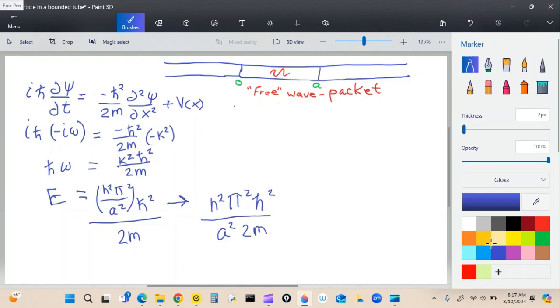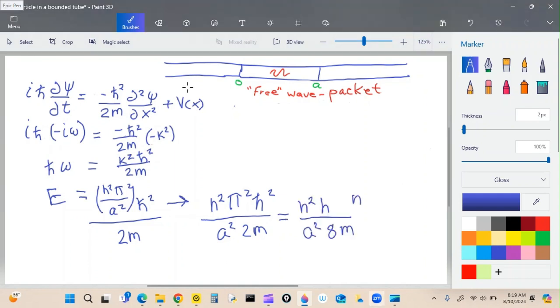Now, h bar squared is 2 pi over 2 pi squared, so the pi squared is going to disappear. But in the denominator, I'm going to have 4. So that 4 is going to come down here and multiply because it's in the denominator. That is going to end up in this denominator. So that's going to put an 8 down there. So let's keep going. Remember, n is an integer.